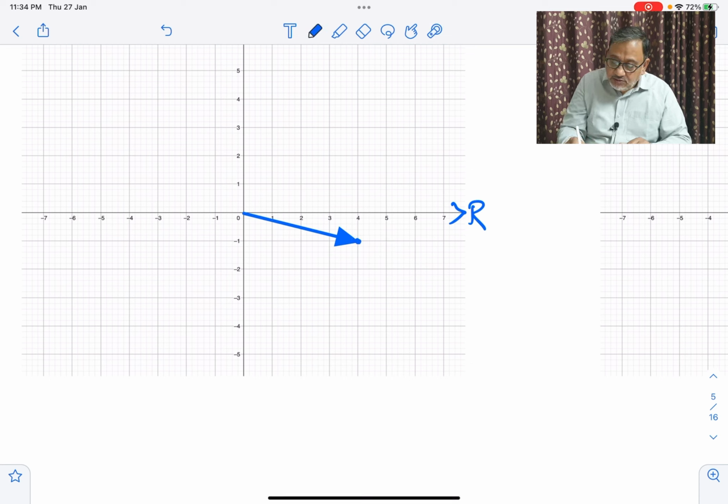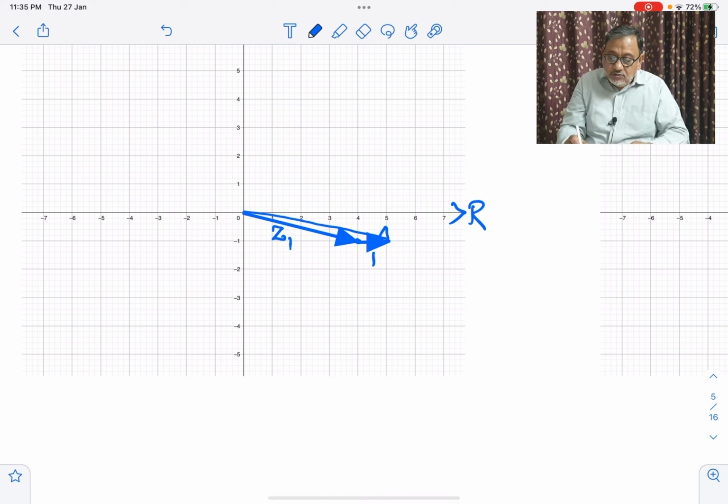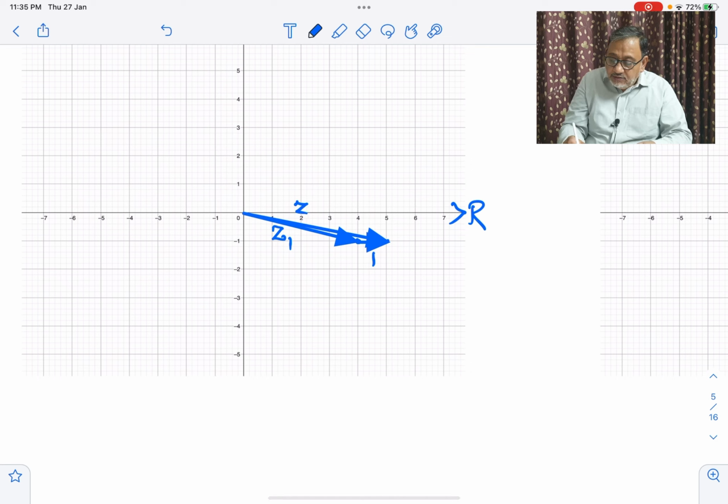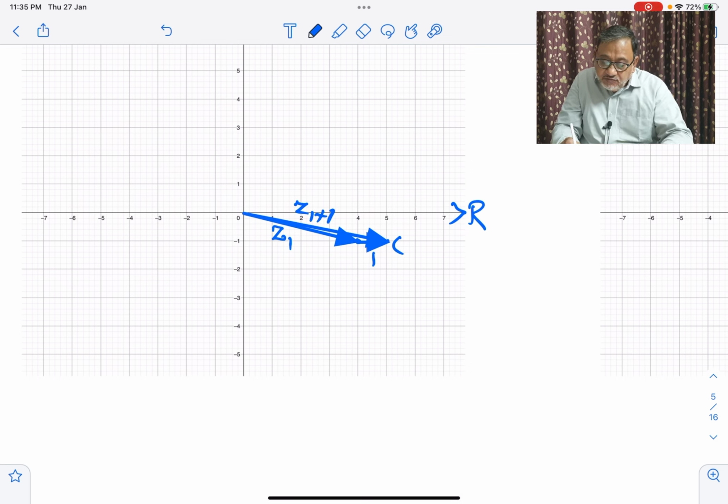This is the real part only. So this is the final position. When I connect it with Z1, my final position Z1 plus 1 is given by this point, which is 5 comma minus 1.